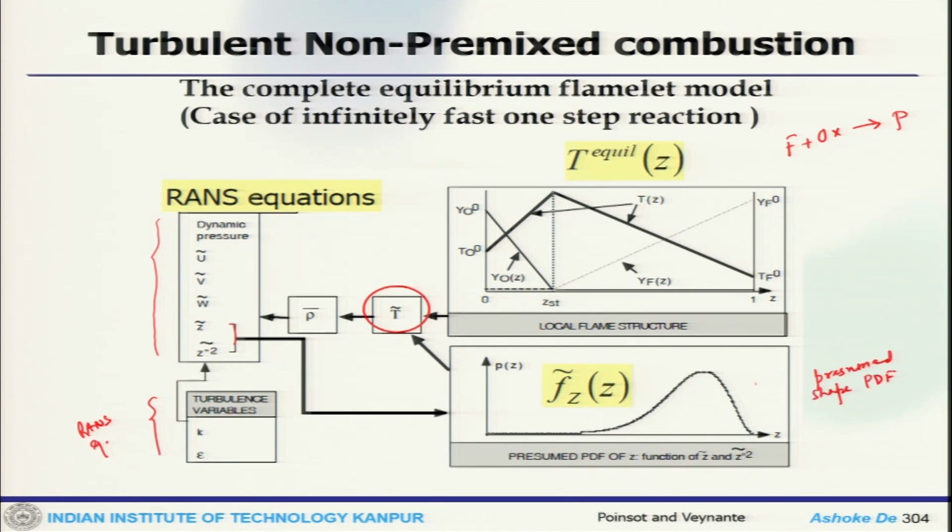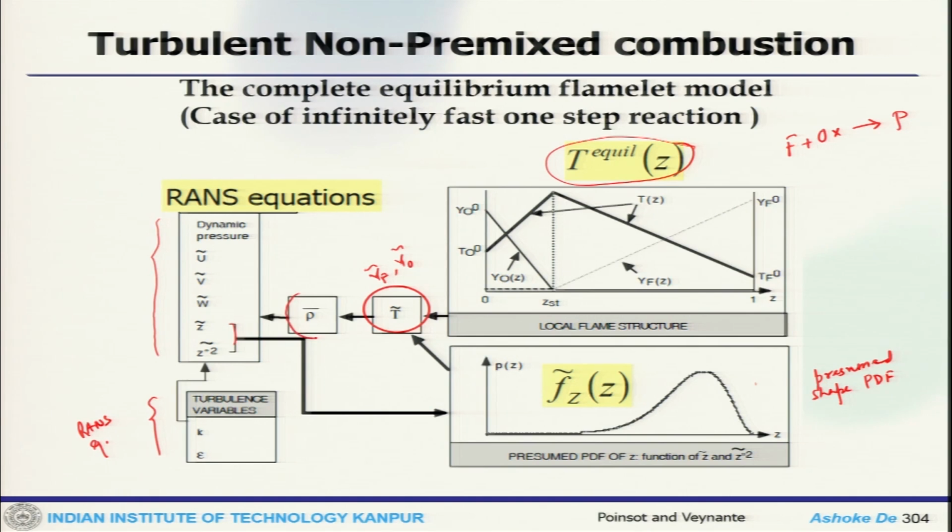PDF. So, this you obtain, and from the equilibrium limit you have all this information like oxygen, fuel, temperature, they are strictly functions of Z. These two you combine to get the mean profile. Also you can get mean profiles for fuel and oxidizer, and also you obtain the density.